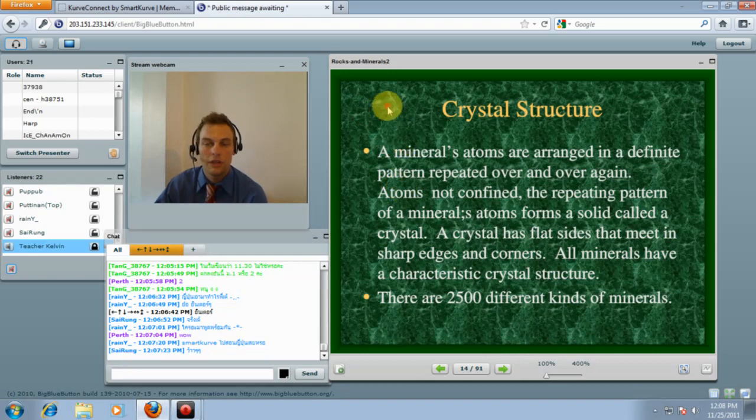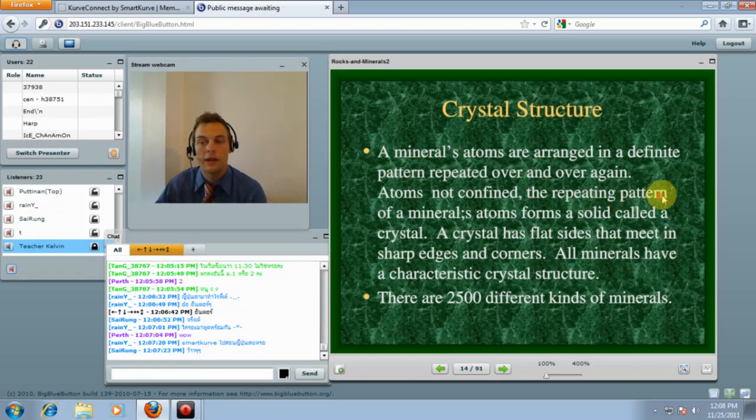So basically, when you freeze water, it kind of creates this crystally form, and water is just a unique compound that when it's liquid, it's not in a crystal form, but when it's solid, it is in a crystal form. Minerals always have a crystal structure.